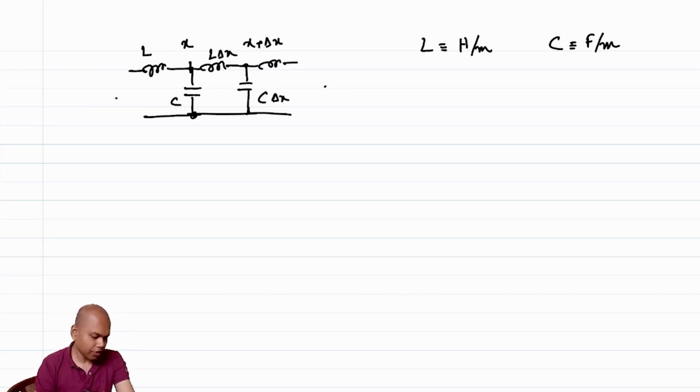Okay, so we are now trying to figure out what the governing equations are for the currents and voltages in this long line. Now note that when we do conventional circuit analysis using KCL and KVL, we do not assume that there is a del x.